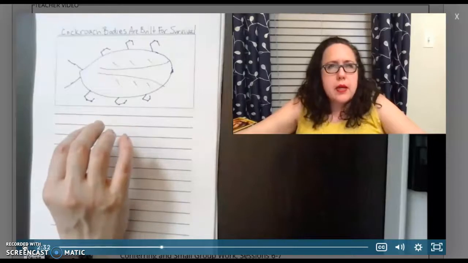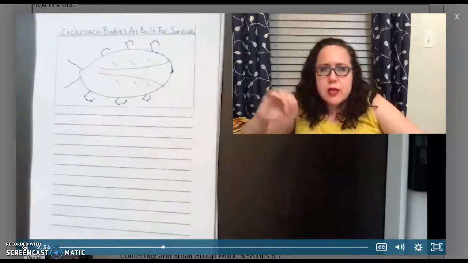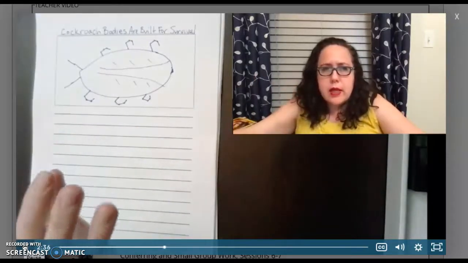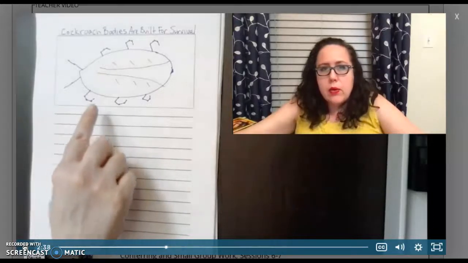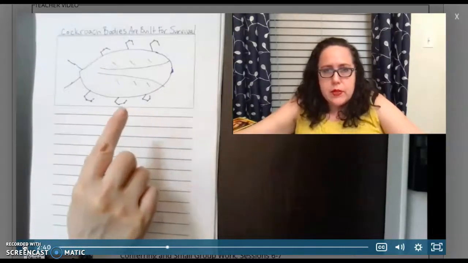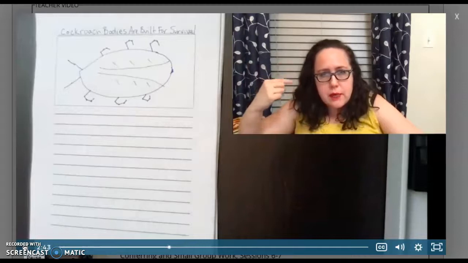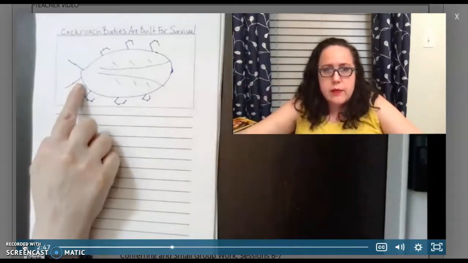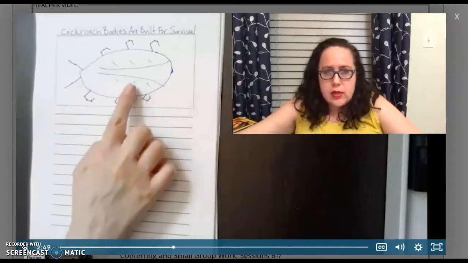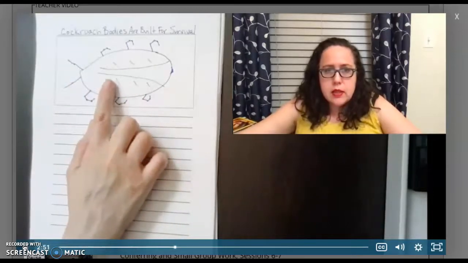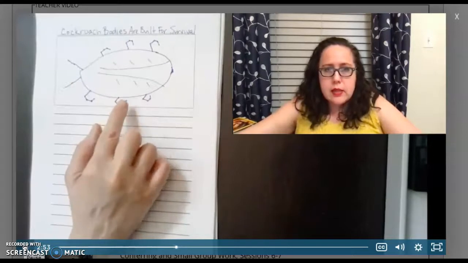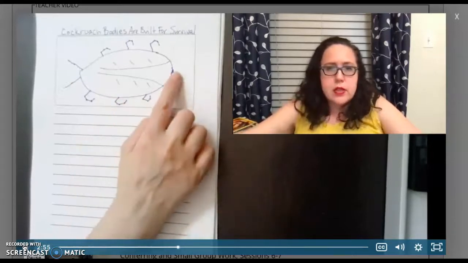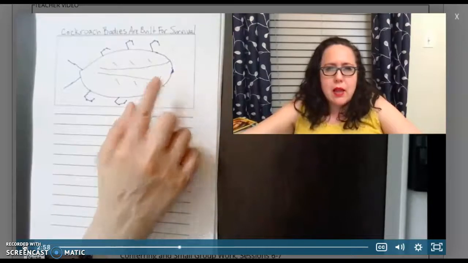Parts. Ooh, I like parts. What if I did parts, not just the parts of the body, but I went in order of the body? So I'm sort of going to make my table of contents. And what if I started with the head, then I went to the abdomen, the legs, and then the cerci, which is sort of like the tail. I like that.